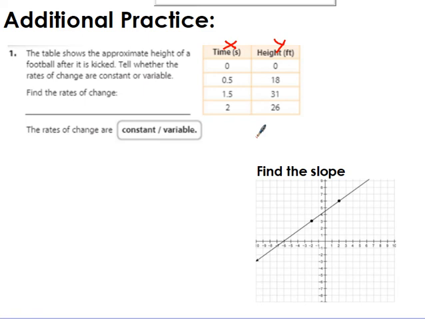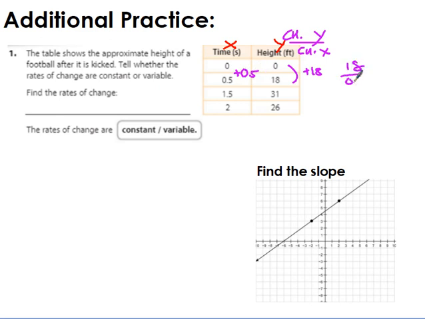So what I'm doing is I'm looking for the change in y and the change in x. So change in y over change in x. Okay, so what's my change in y here? Well, I go up 18. And then what's my change in x? I go up 1/2. So that would be 18 over 1/2.